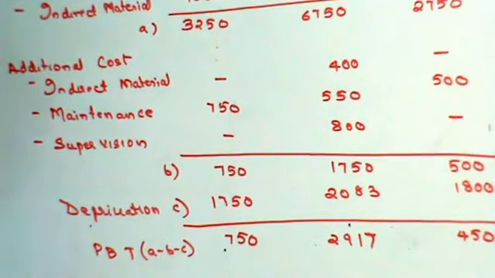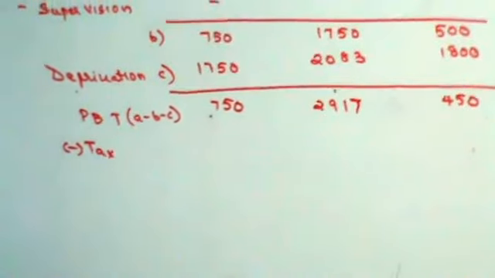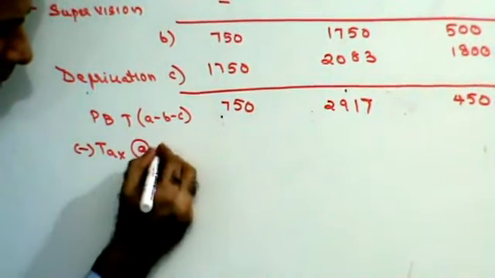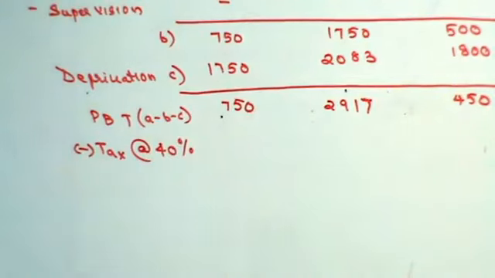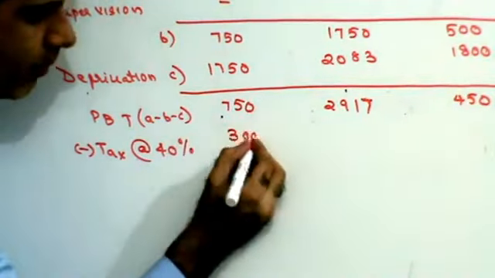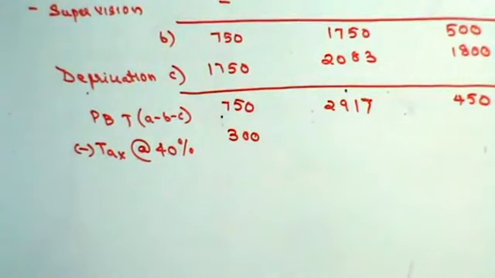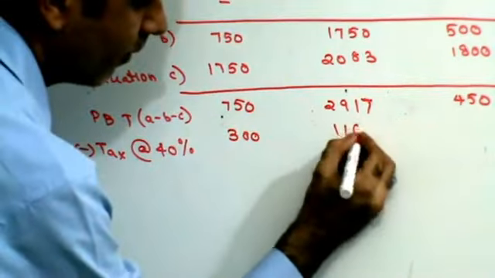Once I have PBT, profit before tax less tax, tax is given to you at the rate of 40%. So 40% of 750 is going to be 300. 40% of 2917 will be 1167.